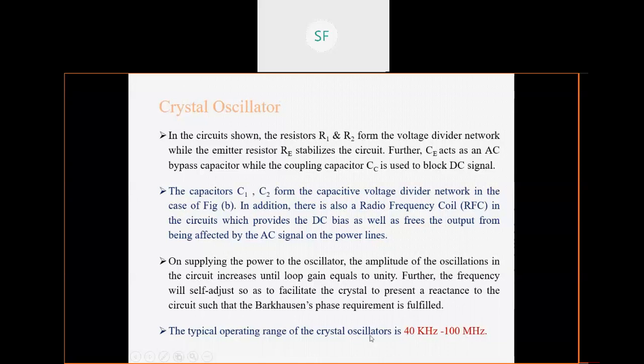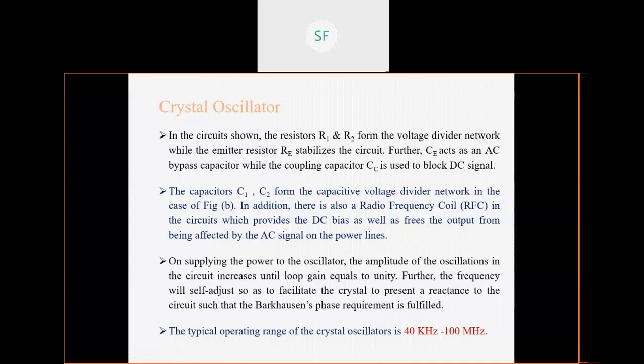And generally we do not use RC oscillators or LC oscillators in many practical applications, such as in computers, laptops and mobiles; only crystal oscillators we are using. One advantage of the crystal oscillator is that it is very stable. The output oscillations you are getting are very stable as compared to RC oscillators and LC oscillators.